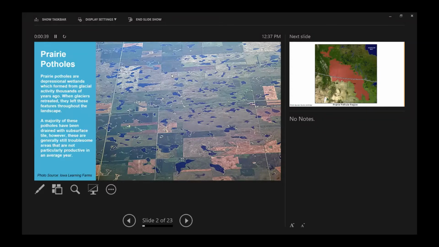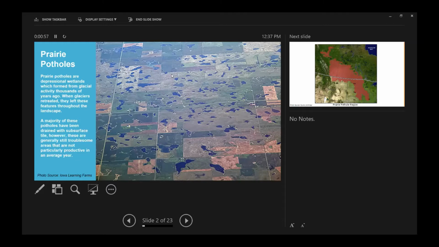You hear varying numbers, but I've always heard something like 95% or more of these potholes have been drained with subsurface drainage. So there's a lot of opportunities out there for restoration.